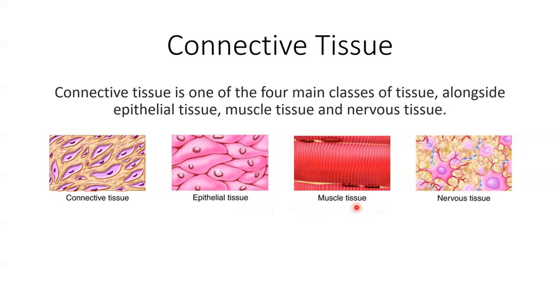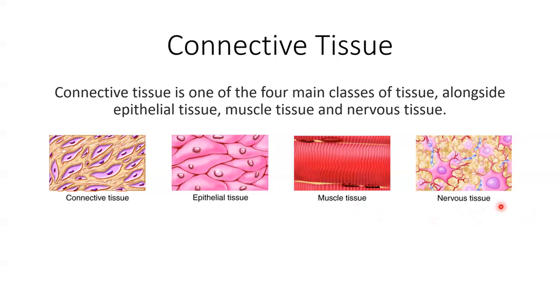Muscle tissue can be divided into skeletal muscle, smooth muscle, and cardiac muscle. And muscle tissue is contractile, so it allows locomotion or movement of the body, as well as contractions in a number of vital organs. So think our heart, diaphragm, stomach, intestines. They all have really important contractions to allow us to survive.